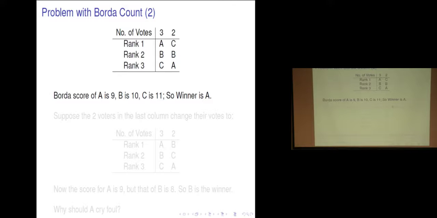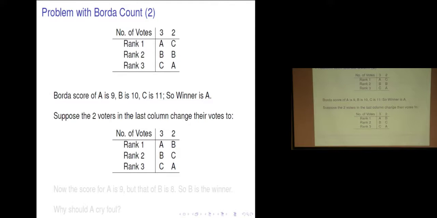So let's see C, right? I don't trust my calculation. So C, so 2 person rank it number 1, so he has 2 points here. Then 3 person rank him number 3, so you have 9 points here, so it's 11, right? So something like this, right? So now if you count this, 9 is the lowest, so the winner is A. Okay, so clear.